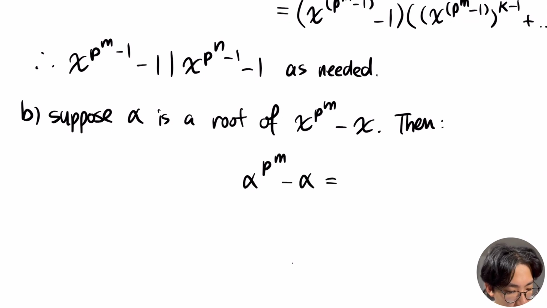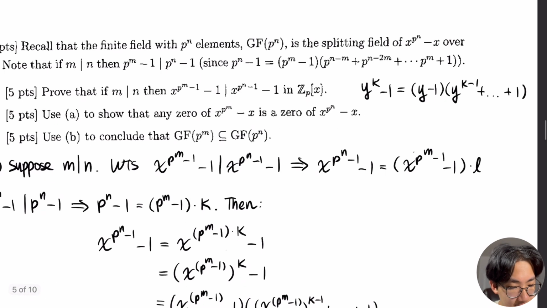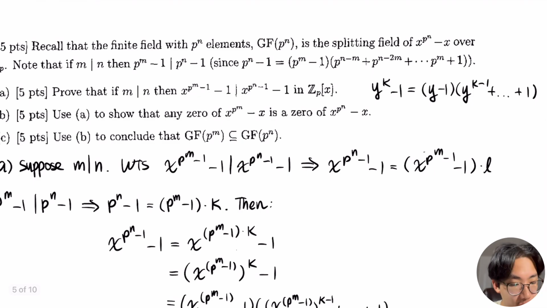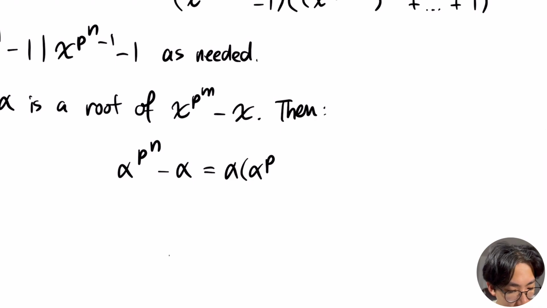Sorry, again, we're starting with x to the p to the n minus x, and we eventually want to show that alpha is a root of this. We can factor out an alpha, so we have alpha times alpha to the p to the n minus 1 minus 1.